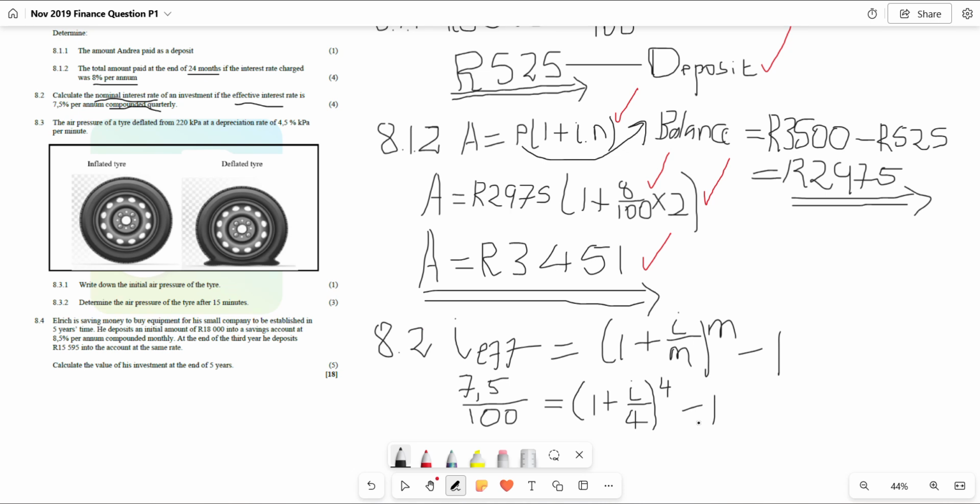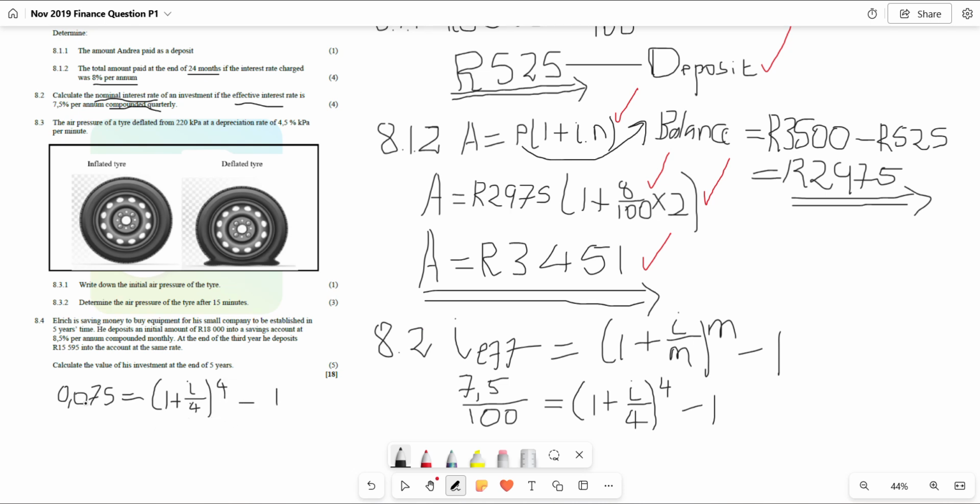Now 7.5 divided by 100, we just have to simplify that, which gives us 0.075, which is also equal to, in bracket, 1 plus I divided by 4, close bracket, all to the power of 4, minus 1.